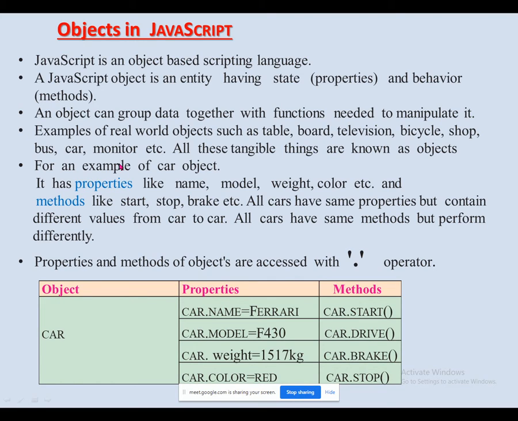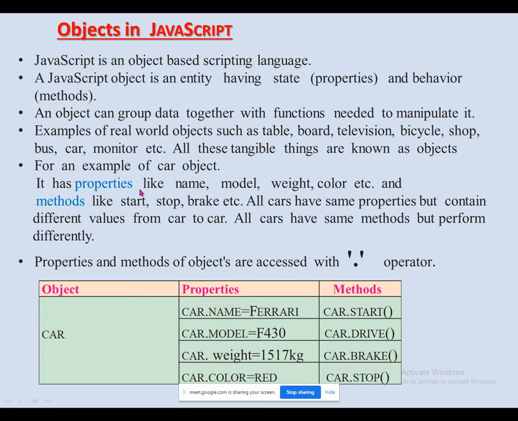For example, they have given the car object to show what properties and methods are. What are the properties and methods in the car? See the example. A car has properties like the name of the car, model of the car, weight of the car, color of the car.